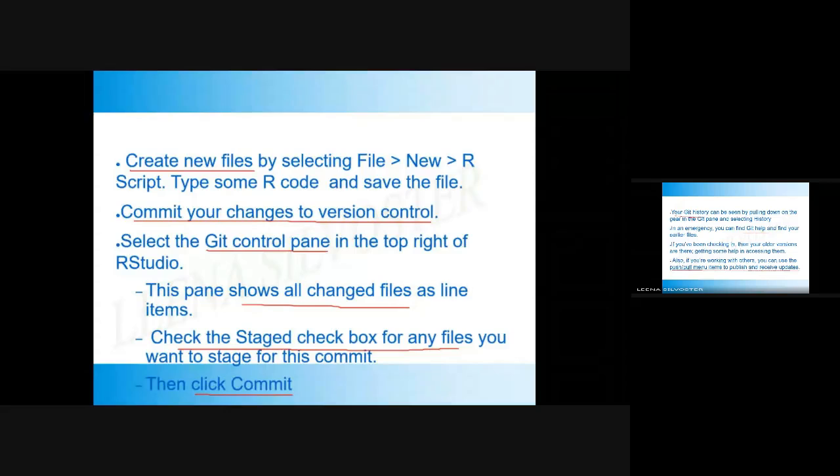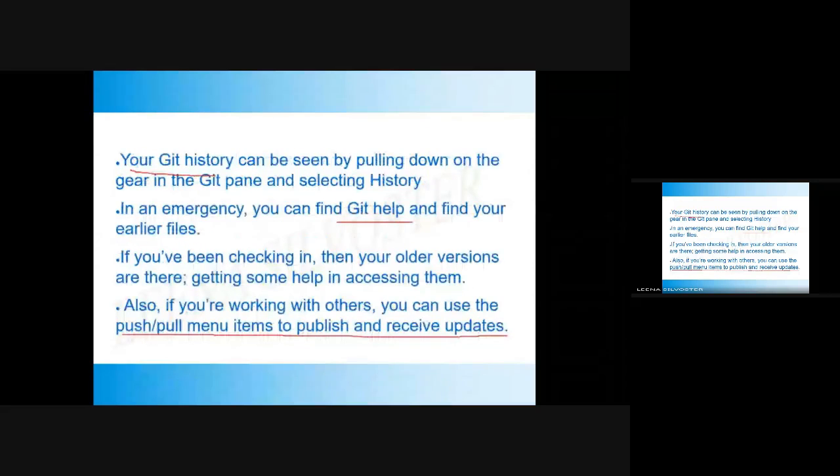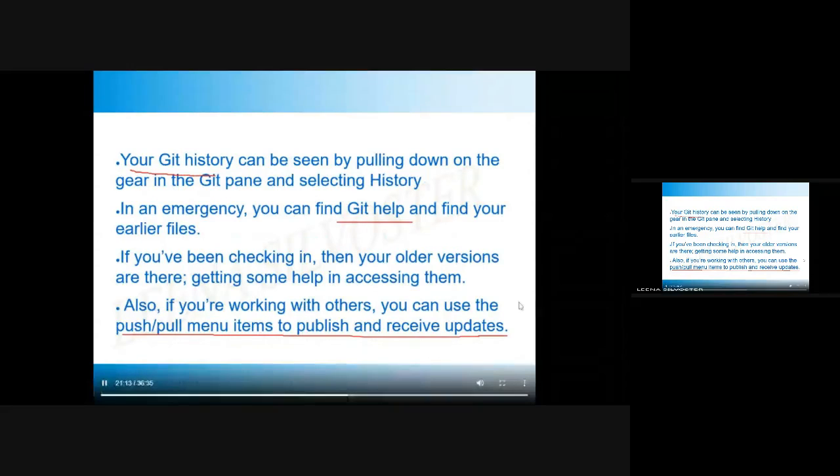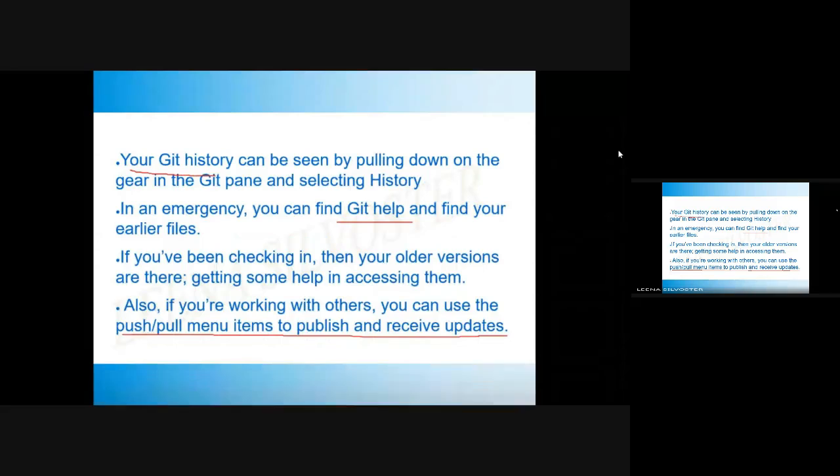Then next is git history. Git history will show all the history of the commands in the git pane. Then git help will give you all the documentation about git.